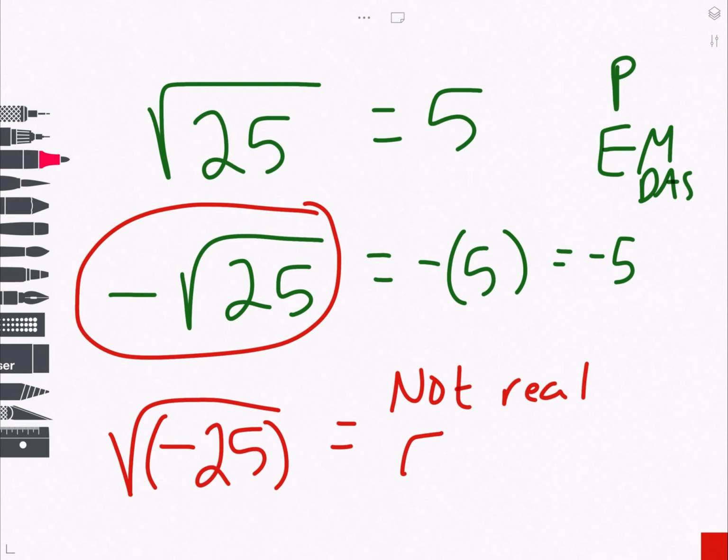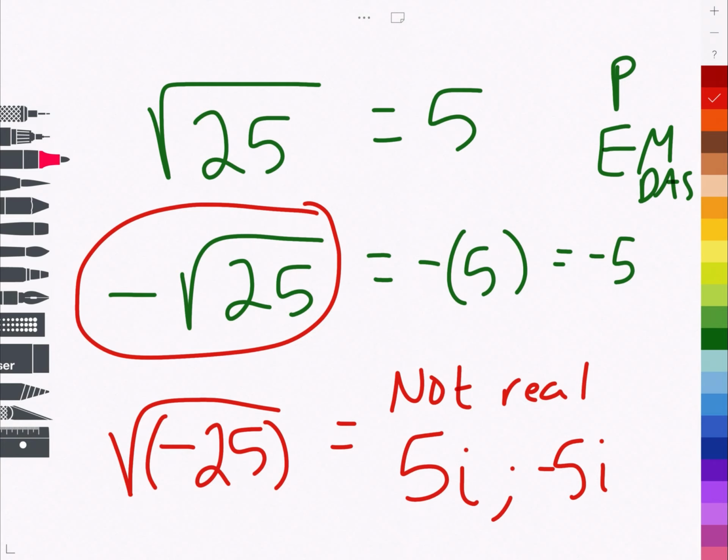But like we talked about, and I think later on in this section, there are imaginary numbers. So you would say the principal square root of this is 5i, and the negative square root is negative 5i. So just watch where that negative is. If the negative is outside, you would do it just like normal, but make the answer negative. If the negative is inside, then you have those imaginaries.